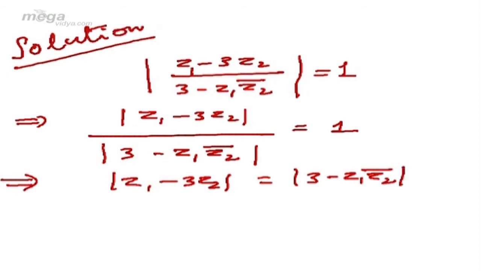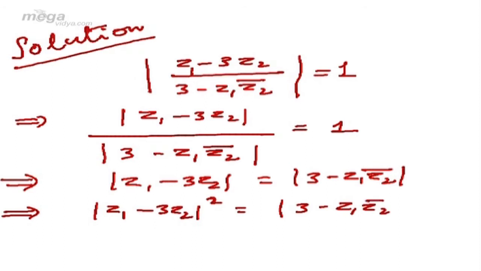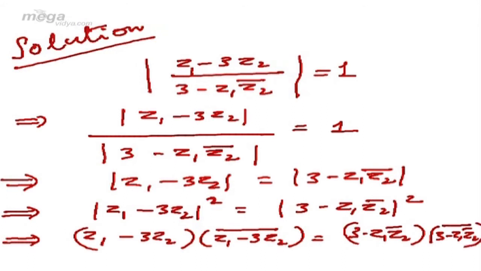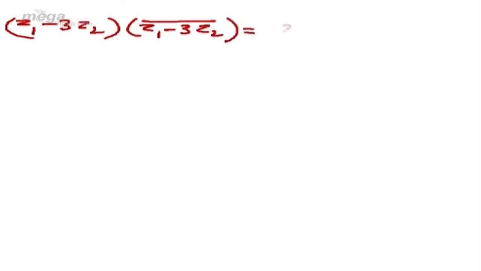By squaring both sides, we will get mod of Z1 minus 3Z2 whole square is equal to mod of 3 minus Z1 Z2 bar whole square. This will be equal to Z1 minus 3Z2 into Z1 minus 3Z2 whole bar is equal to 3 minus Z1 Z2 bar into 3 minus Z1 Z2 bar whole bar.